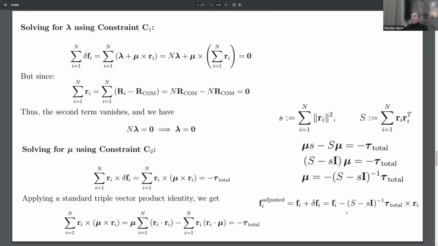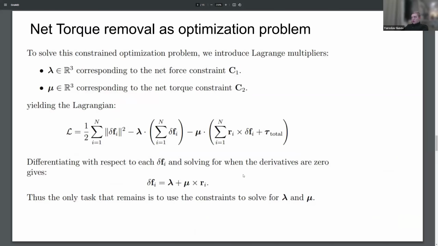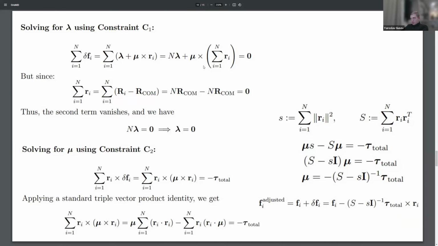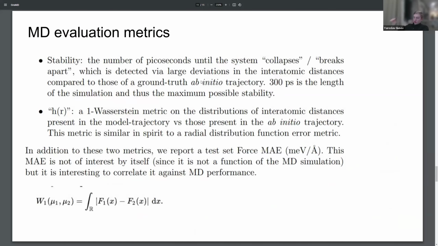And those torque removal helps, as they show in the results, and I will get to that soon.